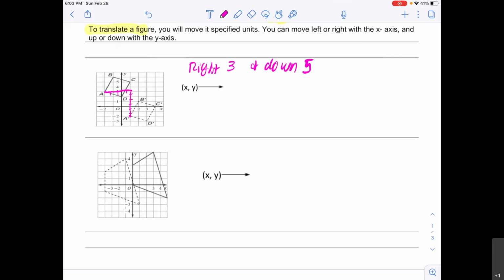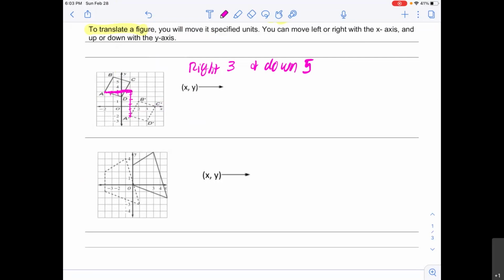So to write my rule, the way the rule works is I would say in my x-axis it moved to the right 3. Well, moving to the right on the x-axis, that's getting positive. It's getting bigger. I went from -2 to +1 here.